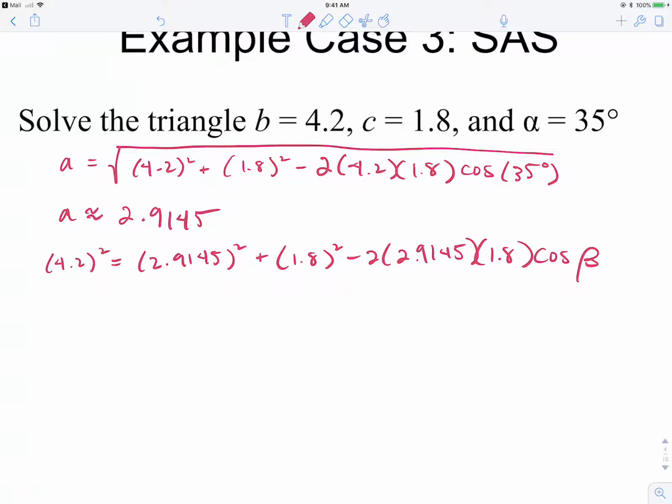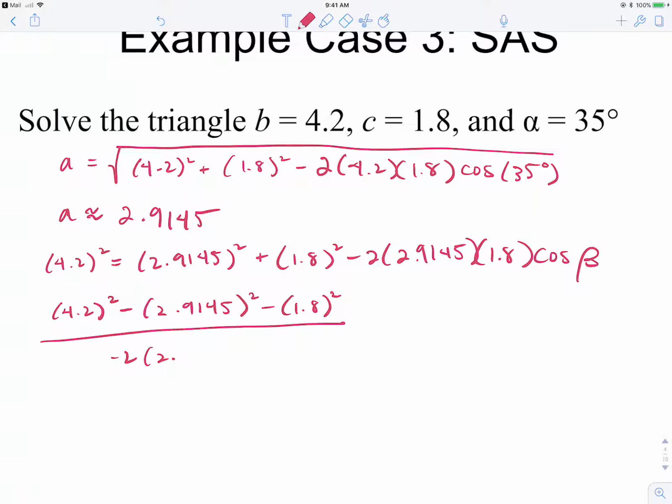So we'll end up with cosine of beta is equal to 4.2 squared minus 2.9145 squared minus 1.8 squared, all divided by negative 2 times 2.9145 times 1.8.